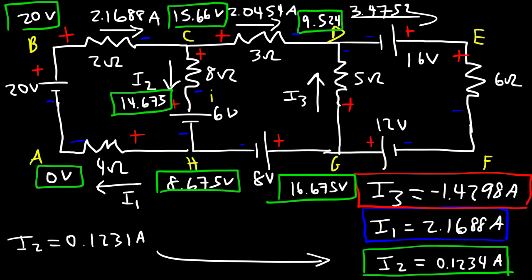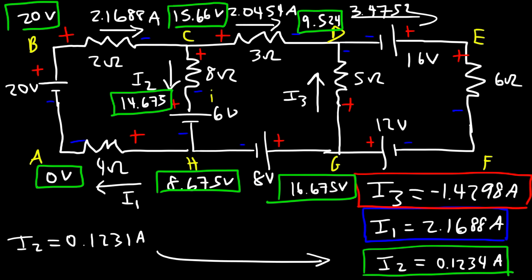So now let's calculate the potential difference between D and G to confirm the value of I3. So notice that we're going from a high potential of 16 volts to a low potential of like 9.5 volts. And so thus it makes sense that the current is going in this direction. So 16.675 minus 9.524, that's a voltage of 7.151.